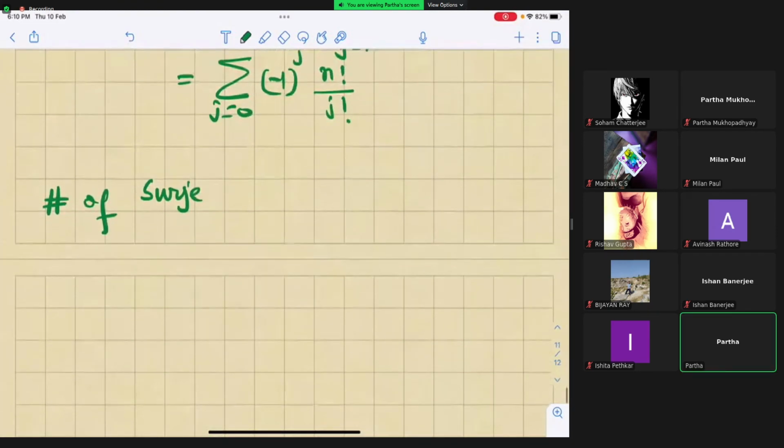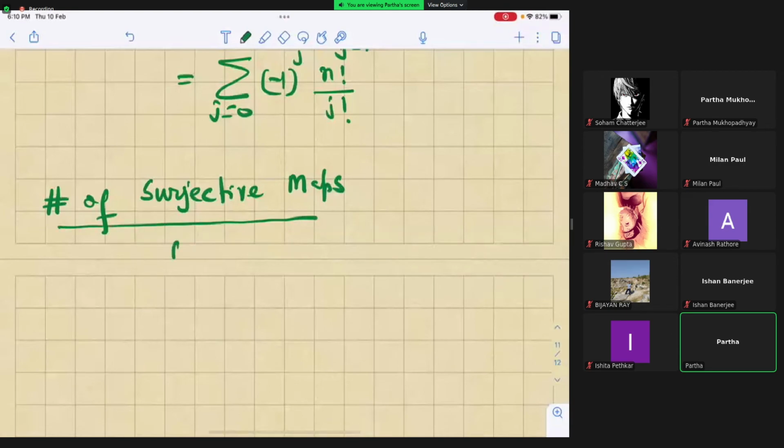So now let's go back to the thing that we did not do, the number of surjective maps from n to k. But one thing we realized is that the number of surjective maps is k factorial times S(n,k).